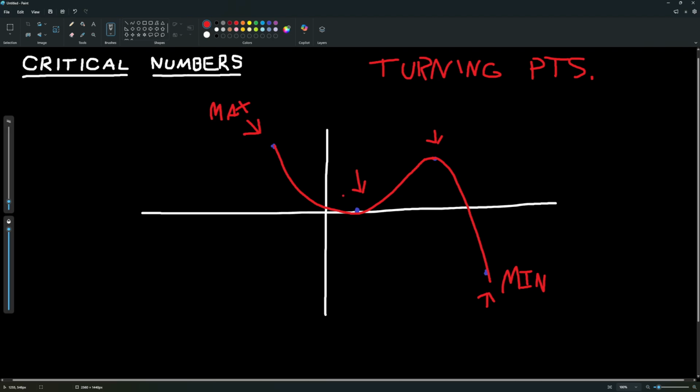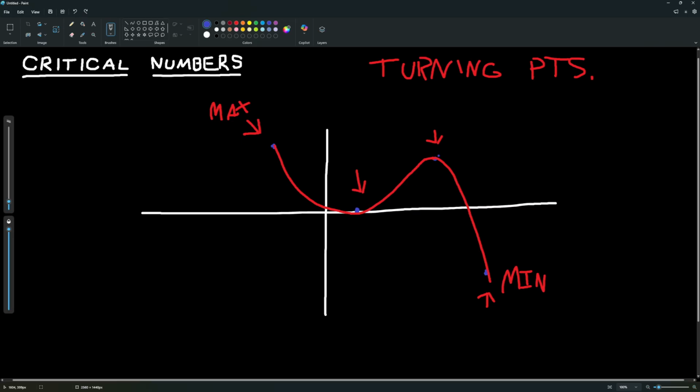So, for instance, notice how in this portion right here, we start decreasing, and then once it hits that point, it starts increasing. It changes direction. We would call this a relative minimum, because as you can see, it's at the bottom.